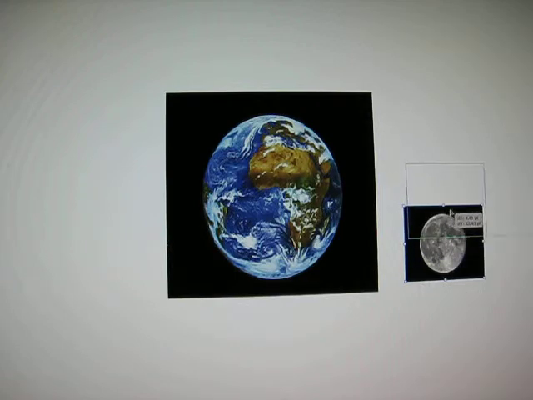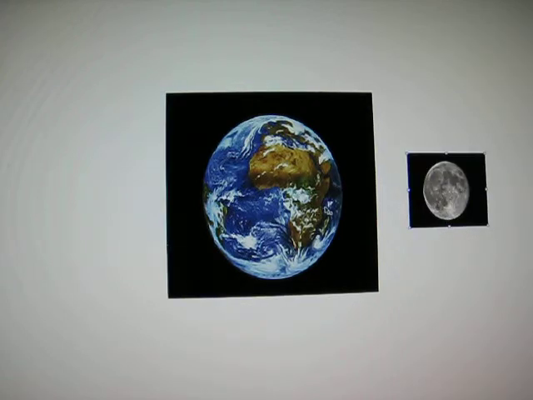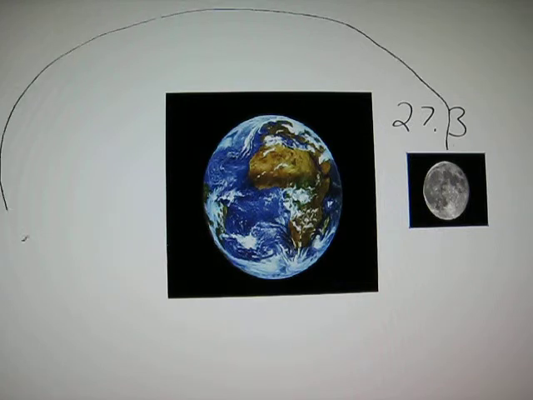So it rotates around the Earth, but it rotates around the Earth at every 27.3 days. So every 27.3 days, it moves one complete revolution. So one complete time around the Earth and back to its spot.